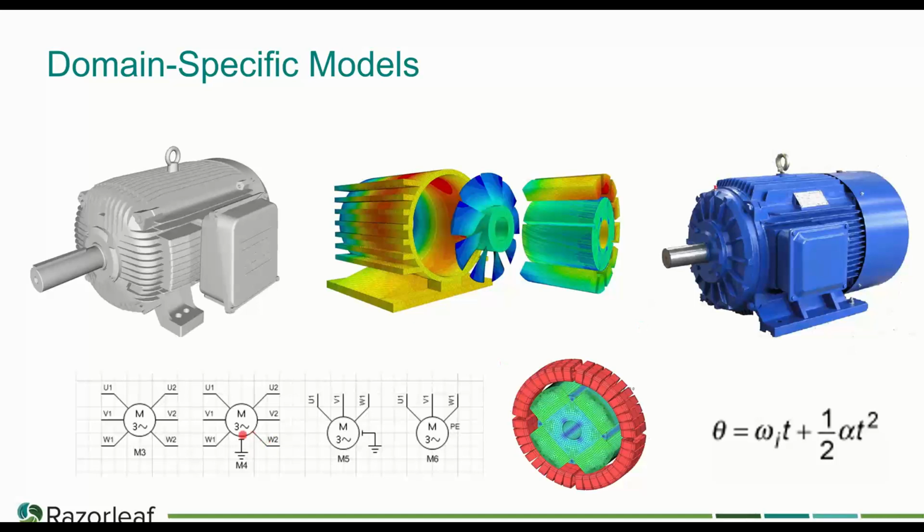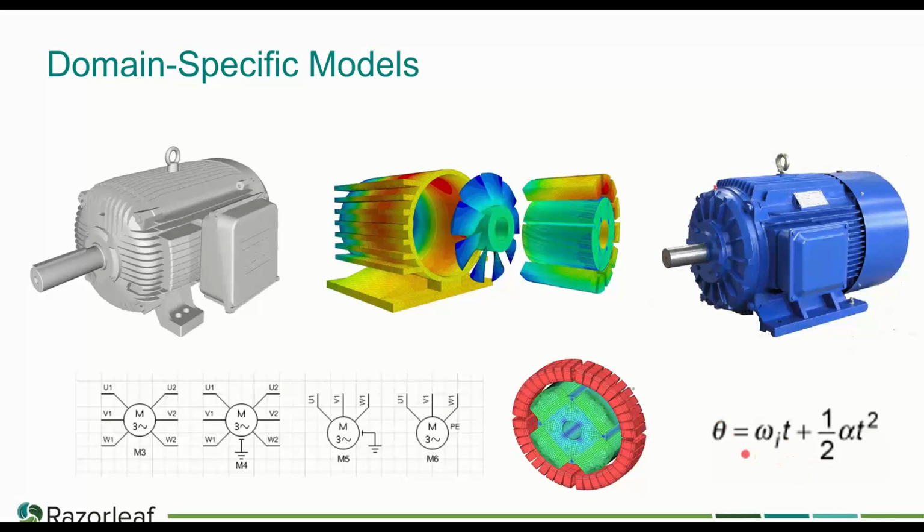Down in the lower left, maybe this is a functional or a logical model, something that I'd use in schematics to describe how the motor behaves or how it fits into a system. I've got another simulation model here, just pointing out that maybe different domains within one type of model, a simulation model. Maybe this is electromagnetic modeling and this one's thermal. And here I've got maybe the simplest model of all.